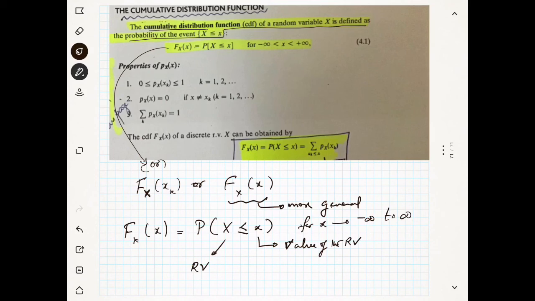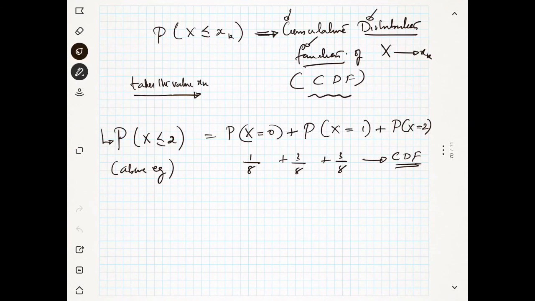Okay. So, what are the properties? The first property is very important. It is a value which is always less than or equal to 1. From the previous example, you know these values, for example 7 by 8, which is less than 1. What is the situation for x less than or equal to 3?